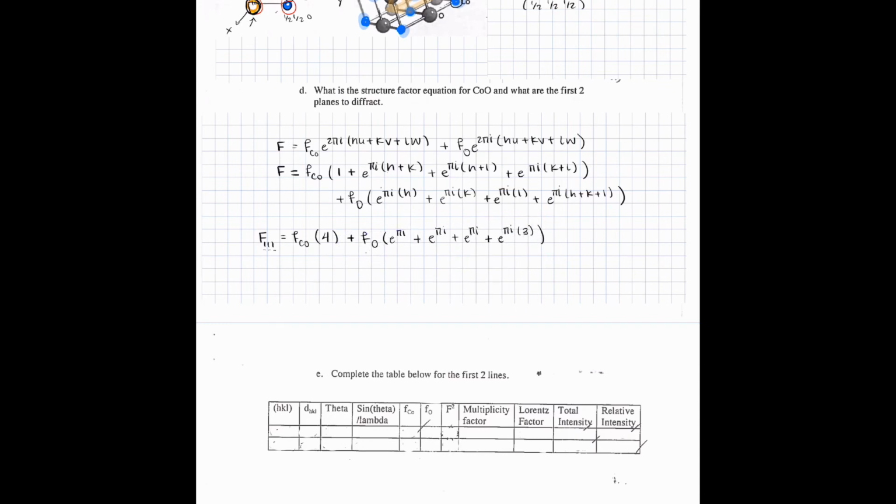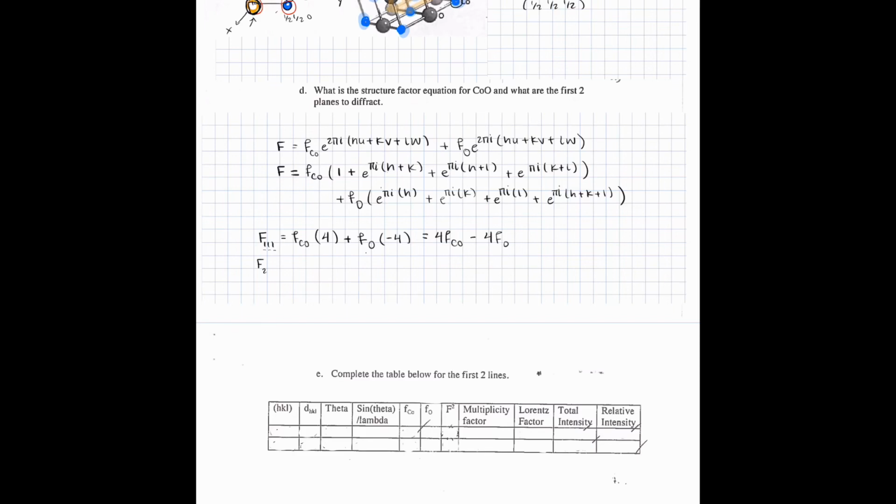Now we have some more space. Alright. Now all of these multiples are odd, which means all of these terms are negative 1, which means the inside is going to be negative 4. Meaning, for 111, the structure factor calculation is cobalt times 4 F cobalt minus 4 F oxygen.